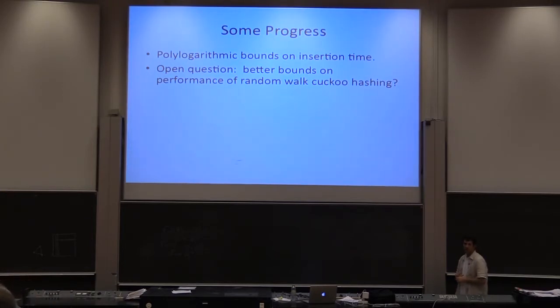I forget what the best poly is. I think it's still a bit bigger than log squared. But it's still an open question to prove the best possible bounds on random walk cuckoo hashing. And again, I think that's a very practical implementation, so it would be nice if we could actually resolve that problem. I don't think it's resolved yet.